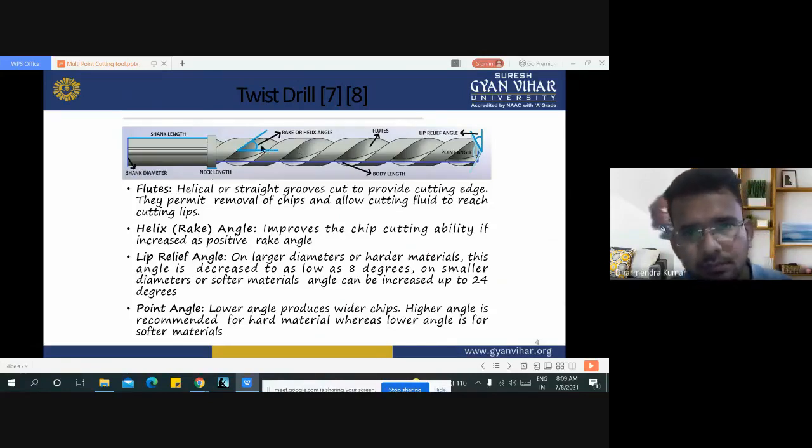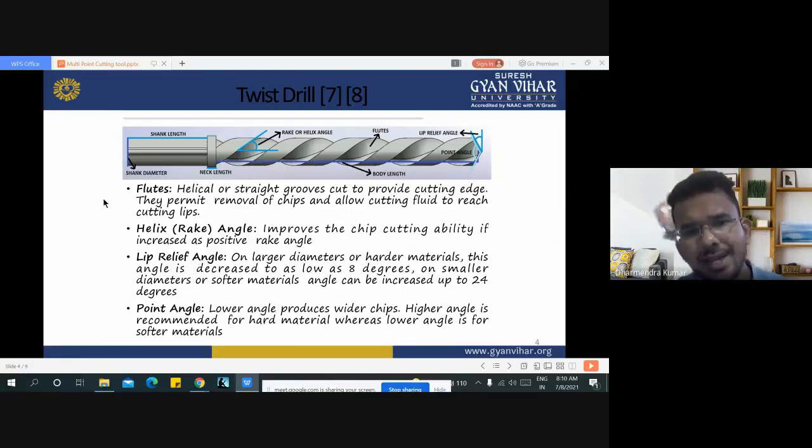This is known as the rake or helix angle. This is the flute we have discussed earlier. Lip relief angle. This is known as the tip of the drill bit. This is the point angle, and this overall is known as body length. Let's discuss one by one.